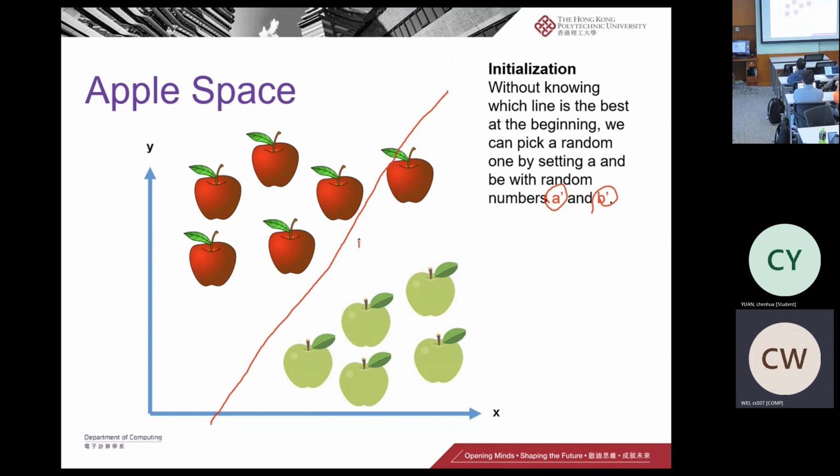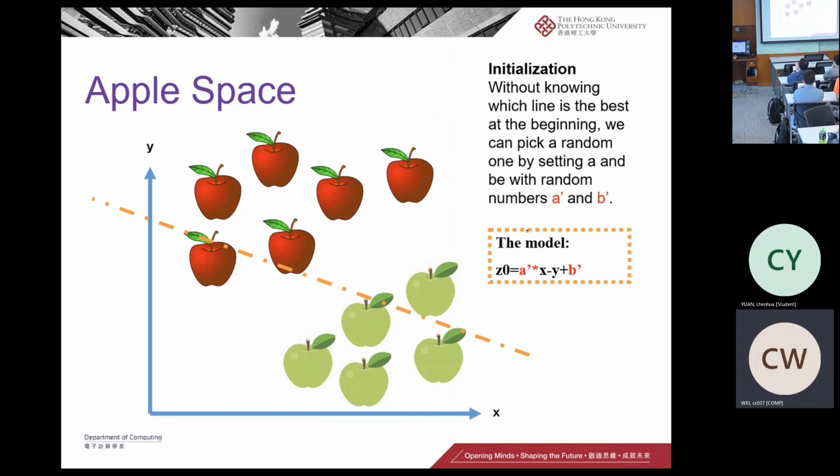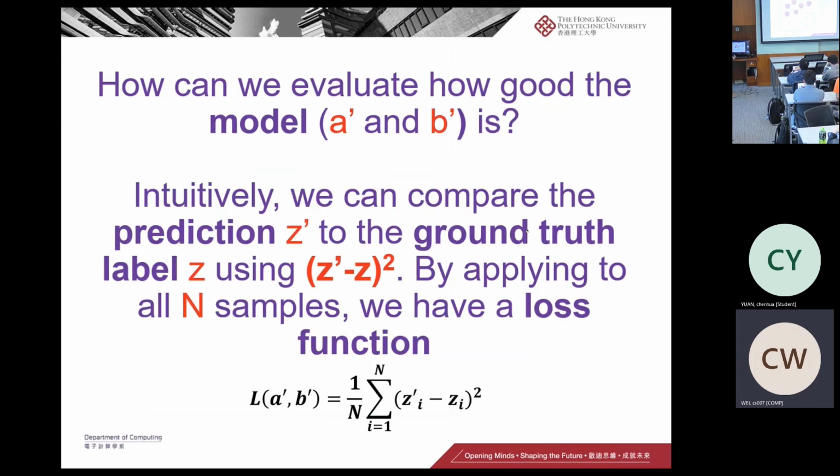Here the line is 0 equals a prime multiplied by x, minus y plus b prime. So this is a random line you have, right? Then we're going to keep updating those a prime and b prime to push that line to the best line we want. So this is the model we have.